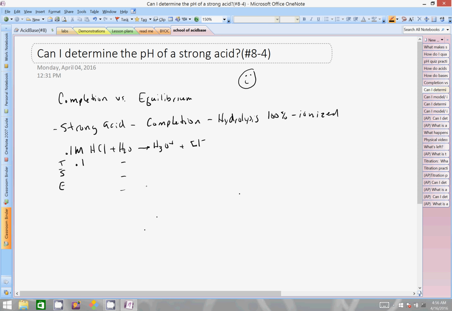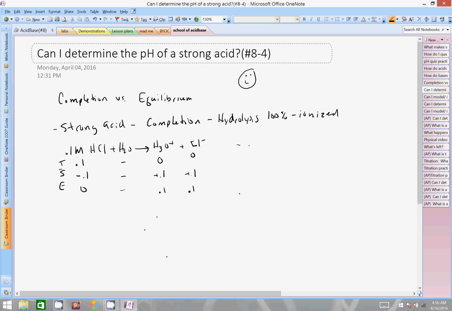Water's not being tracked, it is in excess. Nothing to begin with, and then I have minus 0.1, plus 0.1, plus 0.1, which gives me 0, 0.1, and 0.1. In this case, I go 100% to product.